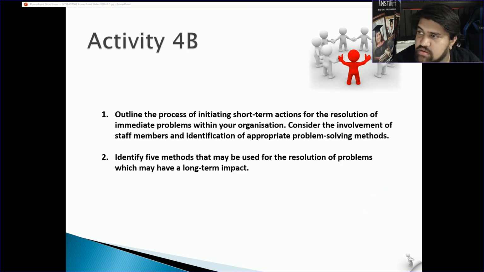All right. So outline the process of initiating short-term actions for the resolution of immediate problems within your organization. Consider the involvement of staff members and identification of appropriate problem-solving methods. So in this case, we're going to be using formal, informal methods. We're going to be looking at the nature of the issue. We're going to get to the core aspect of it before deciding on an appropriate solution.